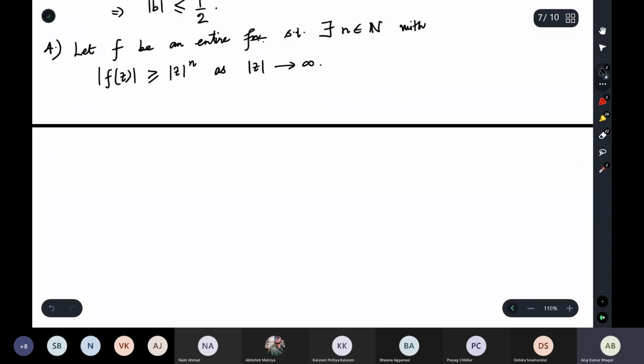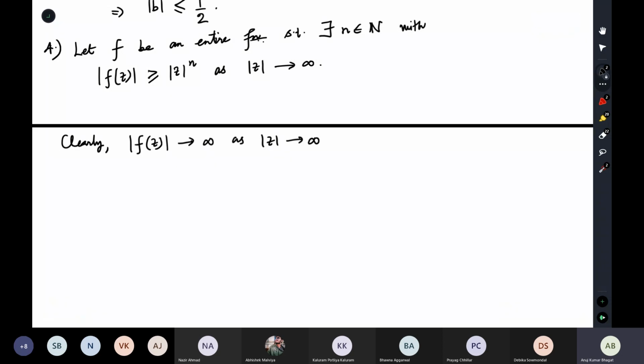So one thing to note is that clearly modulus of f(z) goes to infinity as mod z goes to infinity. That is very obvious, right? Because modulus of f(z) is greater or equals to mod z to the power n.